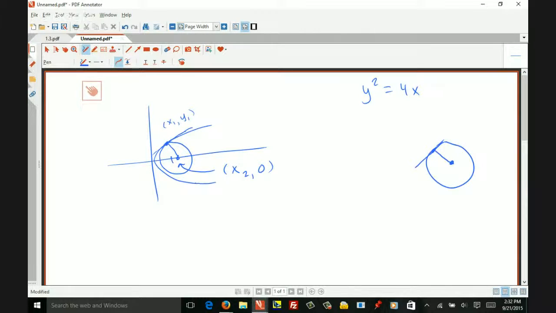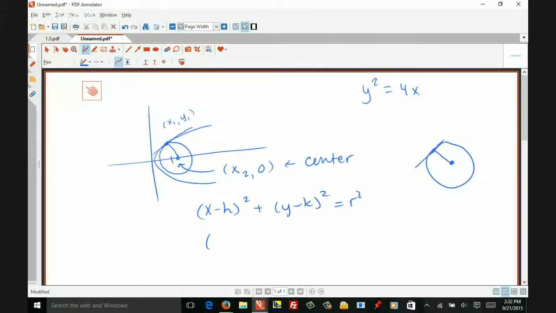What's the equation of a circle? Okay, so what is the h? The h and k are the center of your circle. So in my case, this is my center.